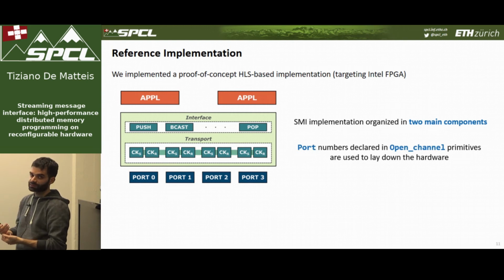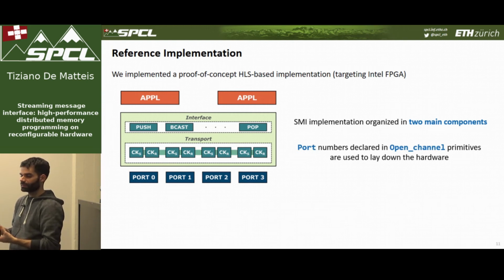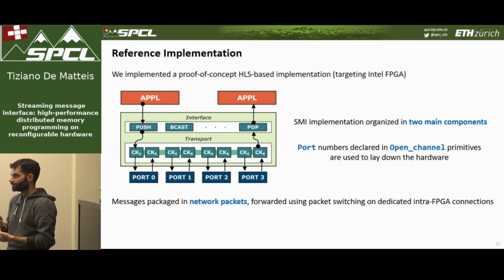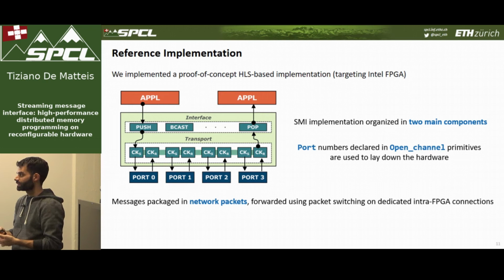The port numbers that are used in the open channel primitives are used to lay down the circuit that is needed to move the data from the application to the network port and vice versa. In our implementation, messages are packaged in network packets and are forwarded using packet switching.